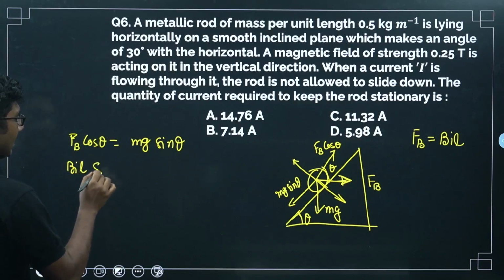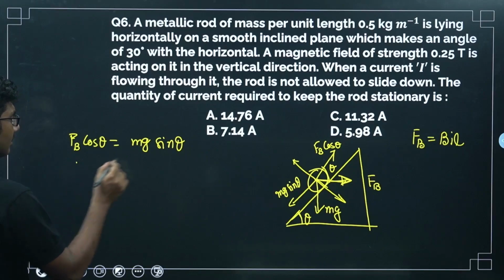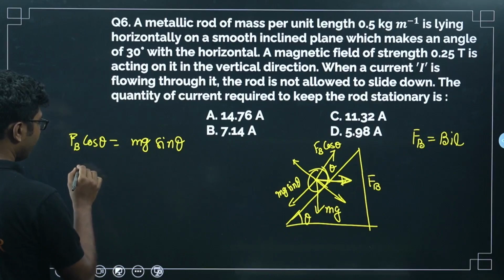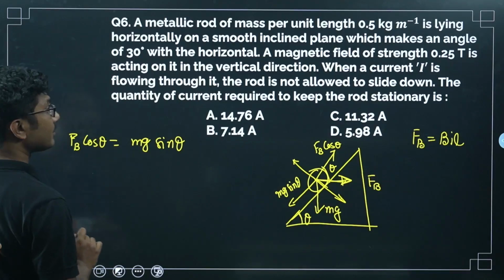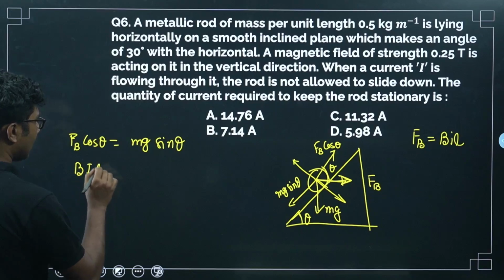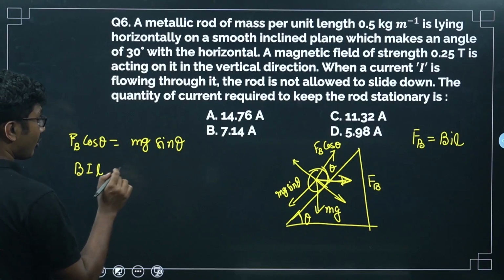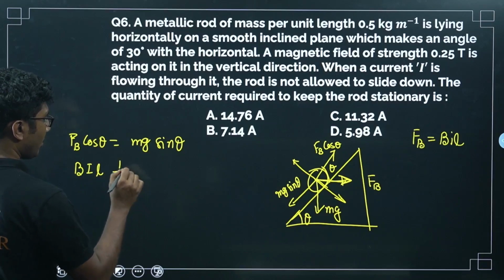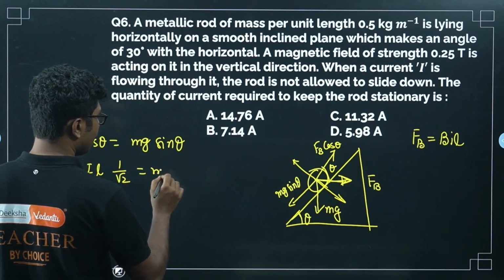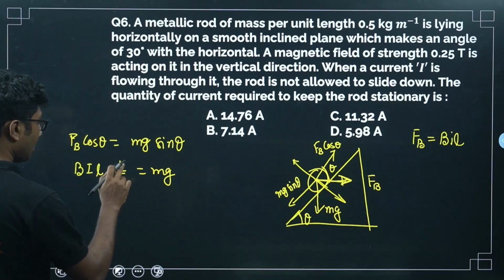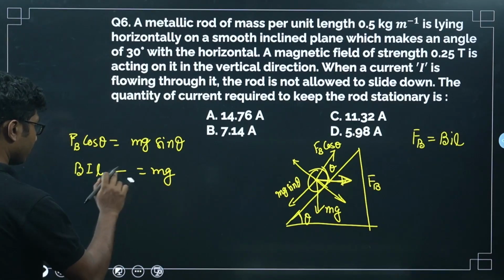So BIL... let me simplify this. Sin theta by cos theta; they have asked you to find the value of current, right? So BIL cos 30. Cos 30 is 1 by root 2 is equal to mg... sorry, cos 30 is root 3 by 2.